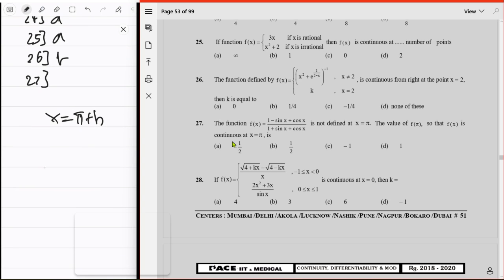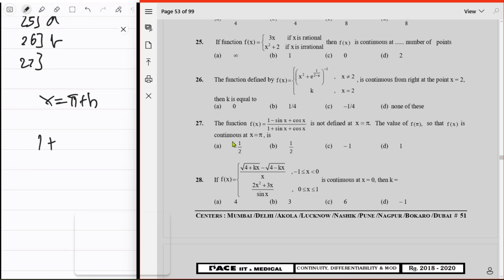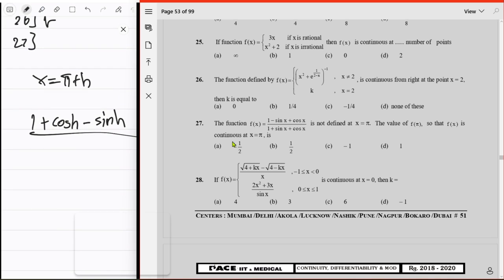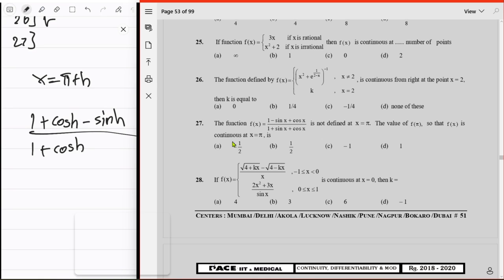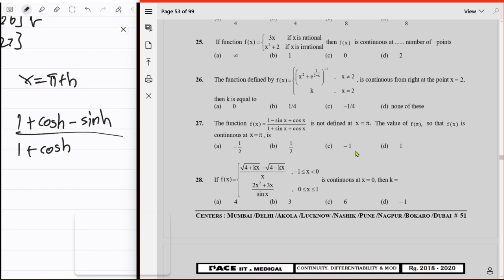This will just become what? 1 plus cosine of h minus sine of h upon 1 plus cosine of h or so. Why don't you just put pi in there? Is something wrong? Oh, yeah, something is wrong, in fact. Fine, just keep going. It should be negative actually over here, right? Yeah. And then plus sine of h.